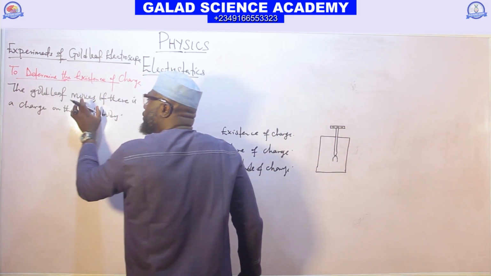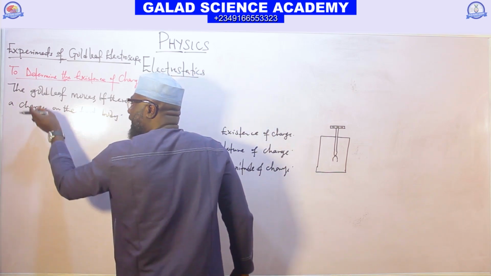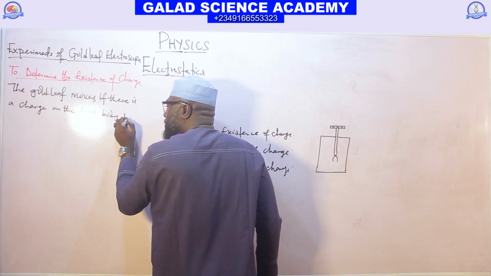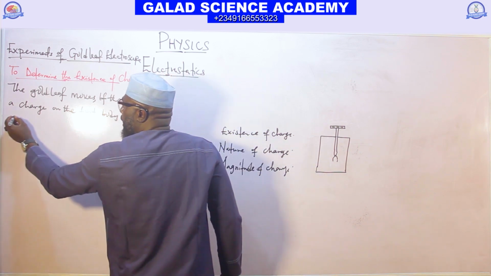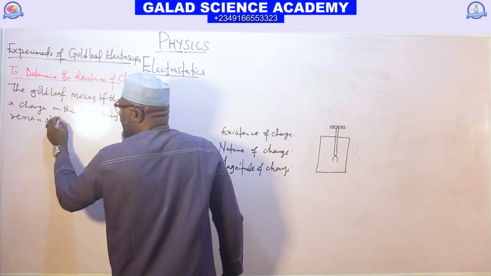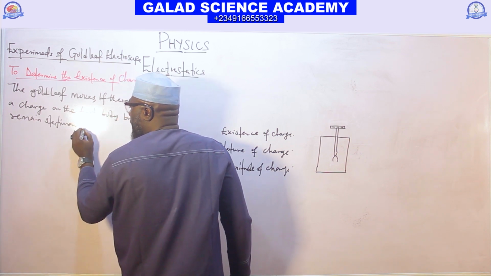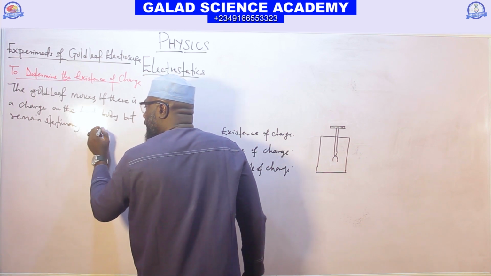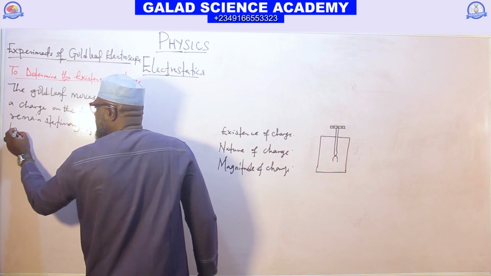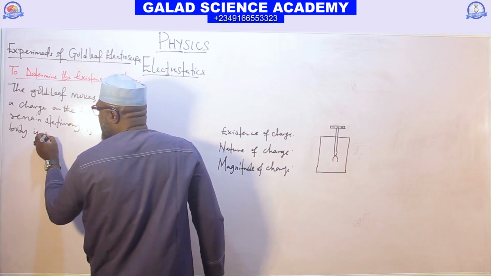So the gold leaf will move if there is a charge on the test body, but remain stationary if the test body is neutral.